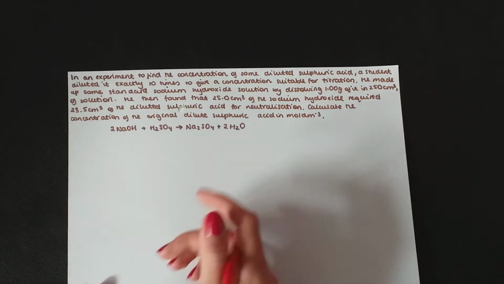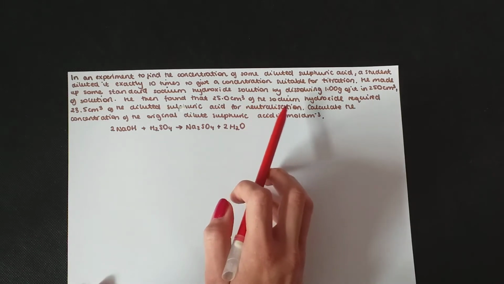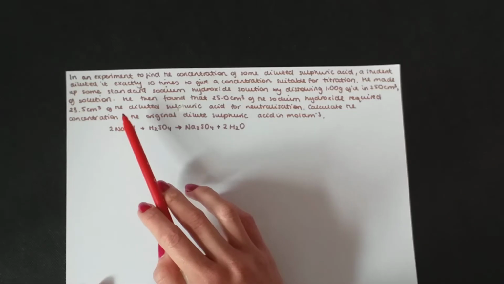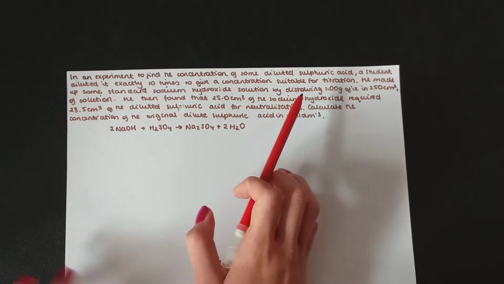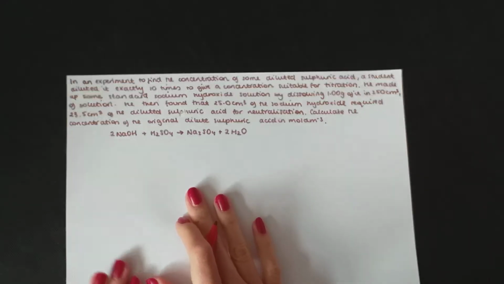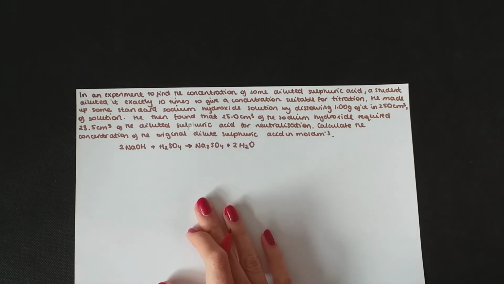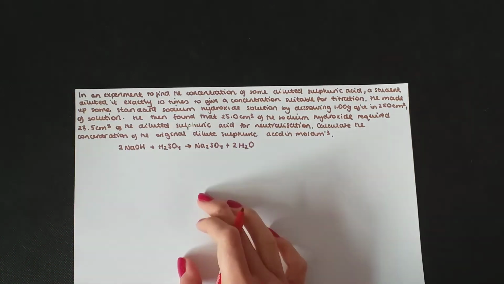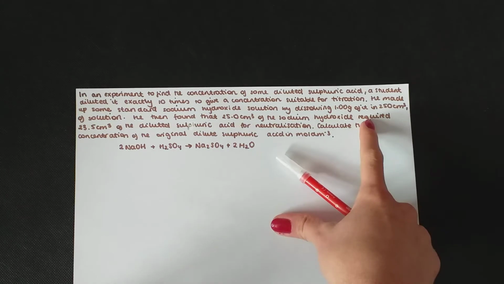So as I told you before, whenever you have a volume of sodium hydroxide, wait a minute, we are kind of given the concentration of sodium hydroxide along with the volume. Volume is presented to us. He found that 25 centimeters cubed of sodium hydroxide.